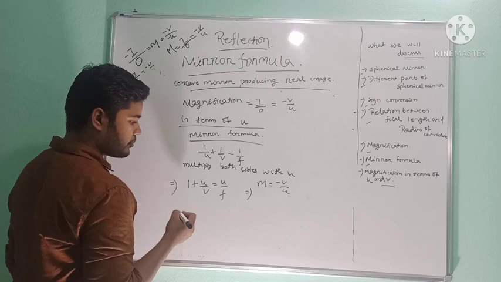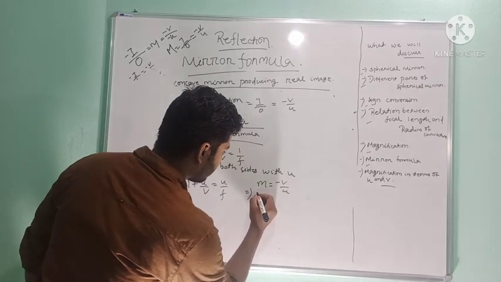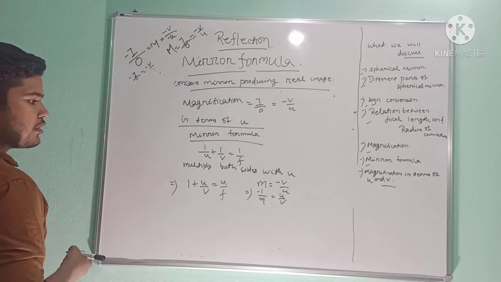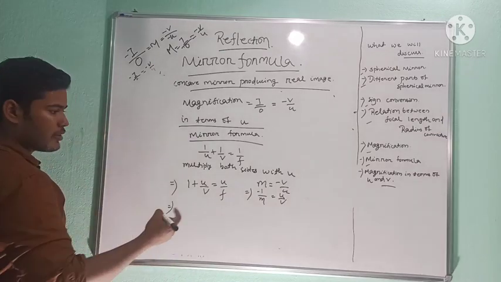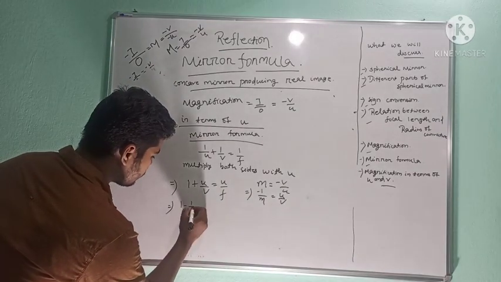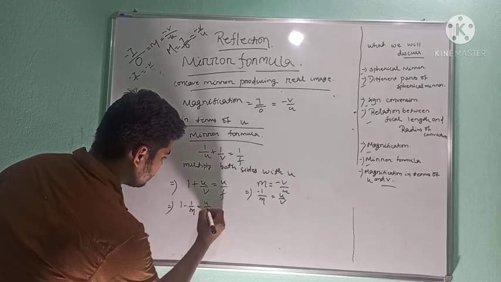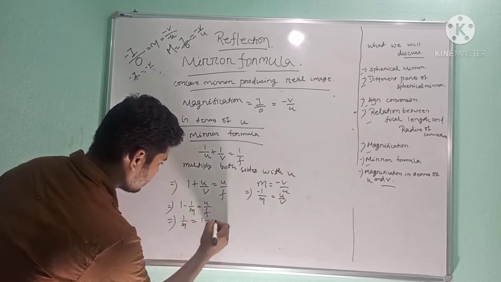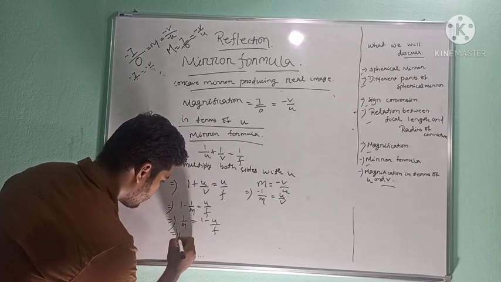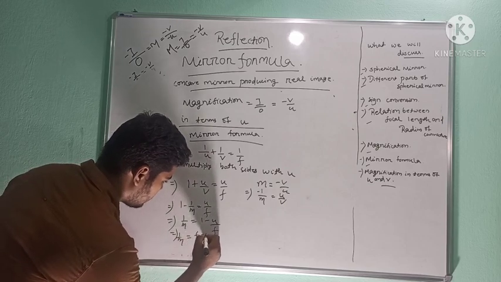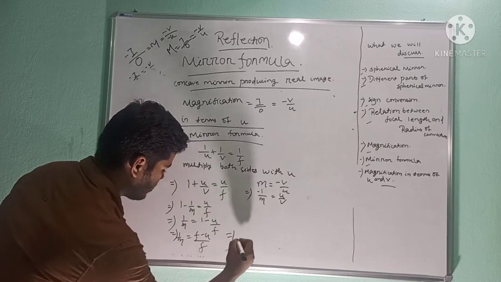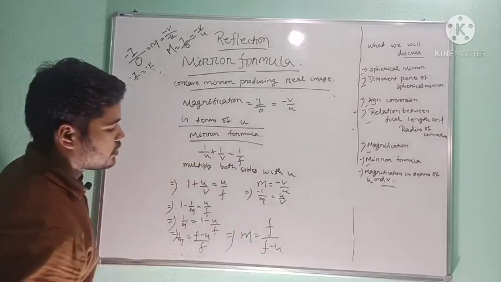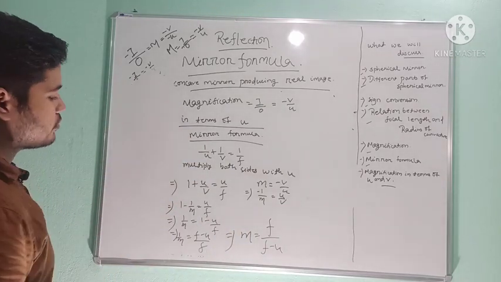So what will be u/v? u/v will be minus 1/M. So we put that minus 1/M. 1 minus 1/M is equal to u/f. So 1/M is equal to 1 minus u/f. So 1/M is equal to (f minus u)/f, and then M is equal to f/(f minus u). This is in terms of u.